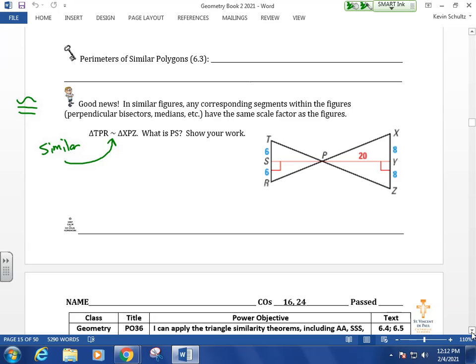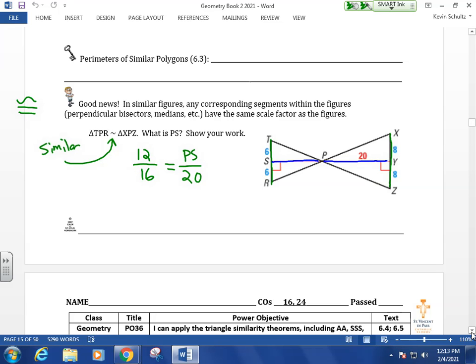Okay, and we've got side TR as 12. We have side XZ as 16. We want to find side PS, and we can compare that with 20 there.